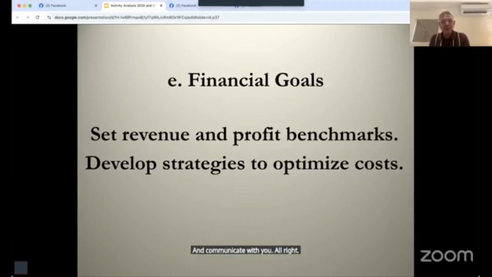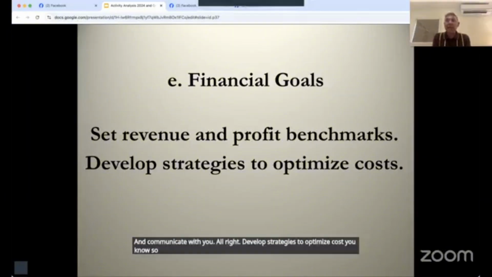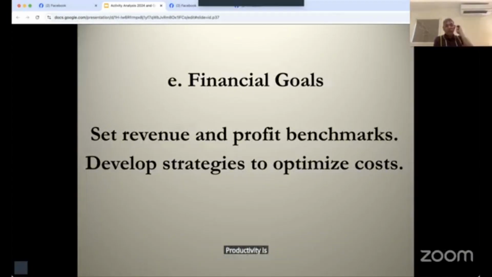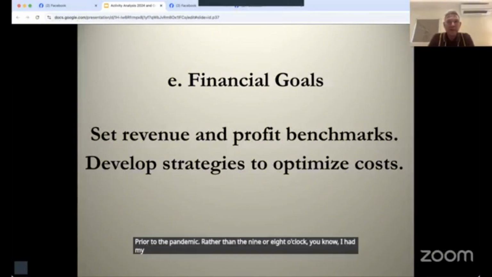Develop strategies to optimize cost. So for me, in fact, productivity is actually cost. So what I've done, prior to the pandemic, rather than the 9 or 8 o'clock, I had my staff come in at 7:30, and they're out at 3 o'clock.